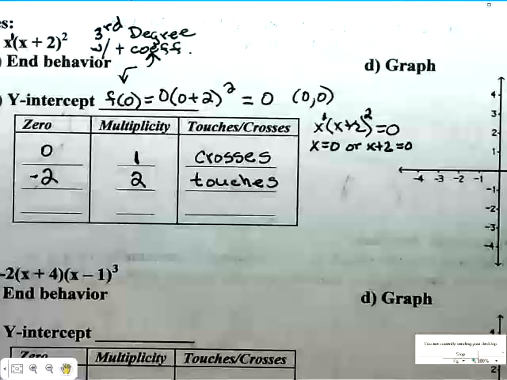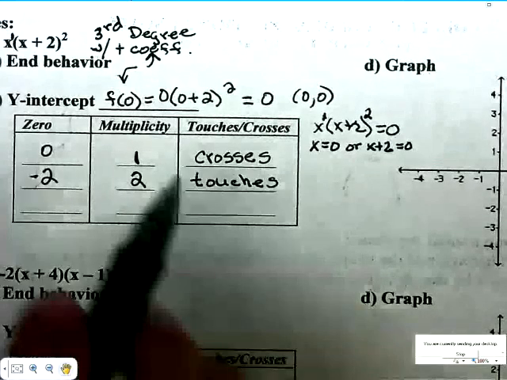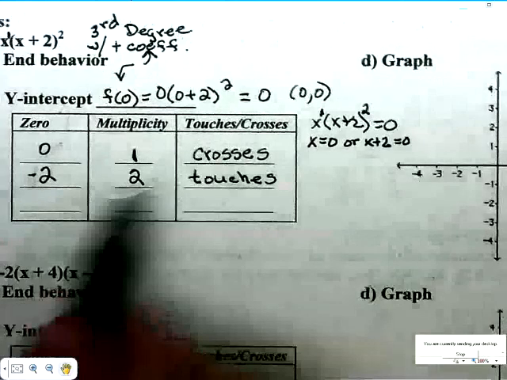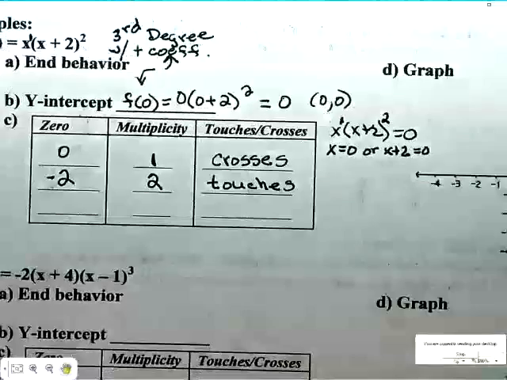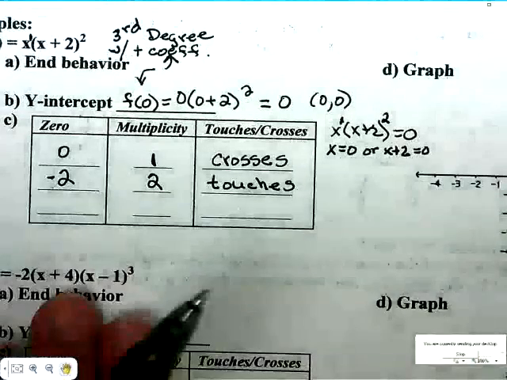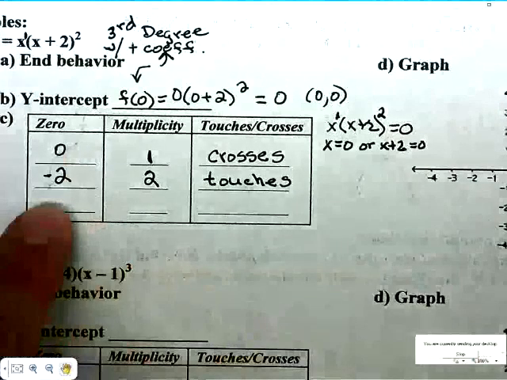Okay. As I was saying, this is monkey see, monkey do, as long as you're watching somebody who's doing it correctly. Putting this on a graph just takes a little bit of practice. These zeros are my x-intercepts. Keep that in mind.